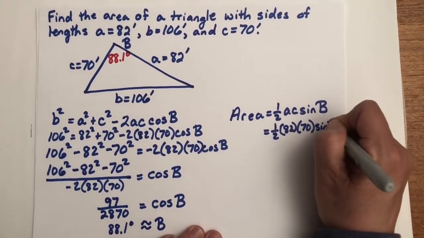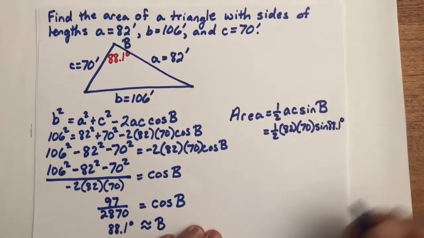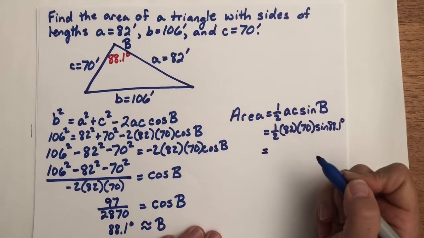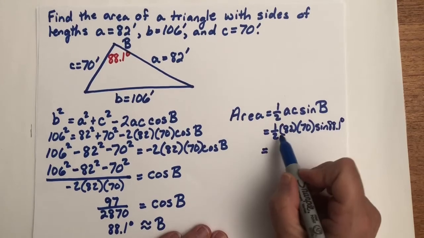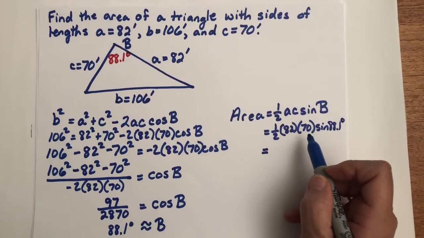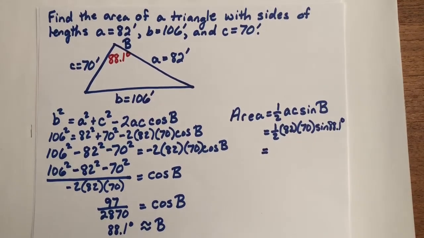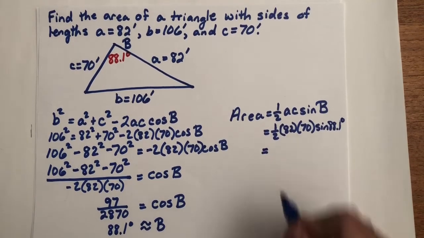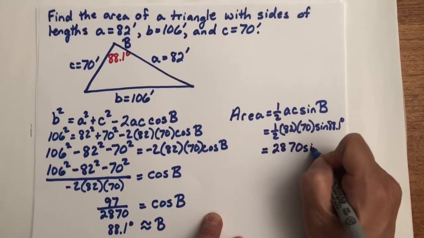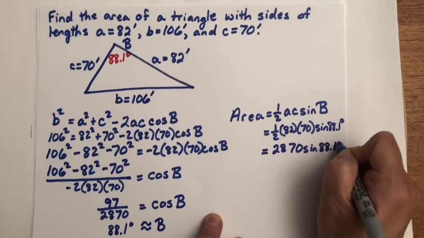Oh, I'm going to run out of room here. And if we multiply these together, what do I have? 41 times 70. I did 1/2 times 82 times 70. And we have 2,870 times the sine of 88.1 degrees.